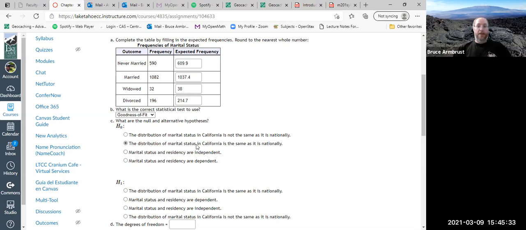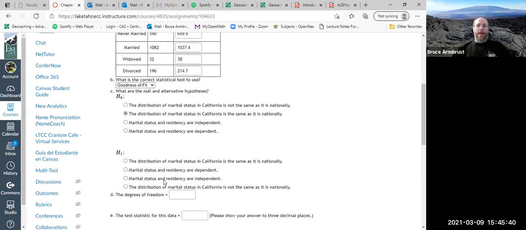The distribution in California equals the distribution nationally. So then the alternative hypothesis is that the distribution in California is not the same as it is nationally, right? So we're just looking for, is it different? Null hypothesis, they're the same distributions. Alternative, they're different distributions. And that's always going to be the case when we're doing goodness of fit.